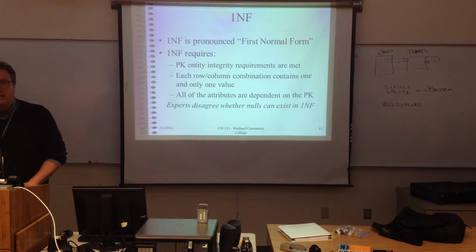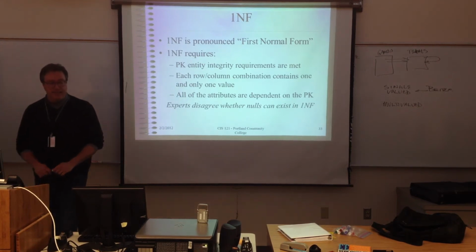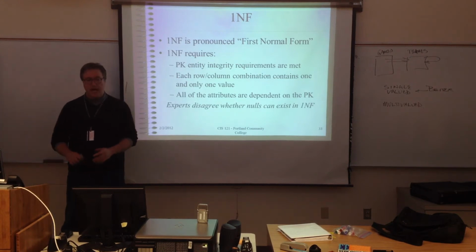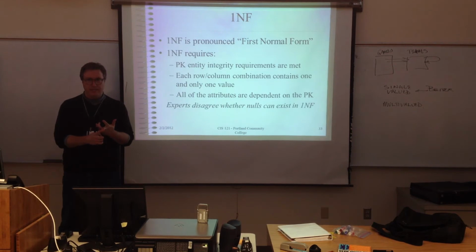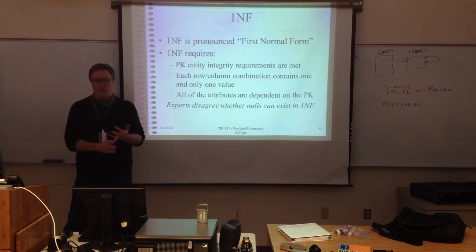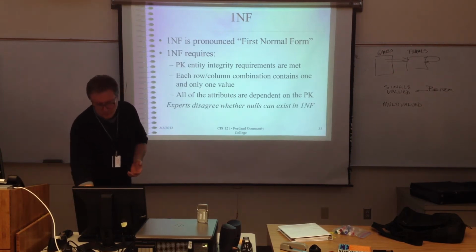I've got one and only one thing in every cell. I might still have dependencies, I might still have other problems, but at least I fixed these two things. I do have PK integrity, I do have PK dependency, and I've got no multi-values. There are experts that will disagree with me on that.